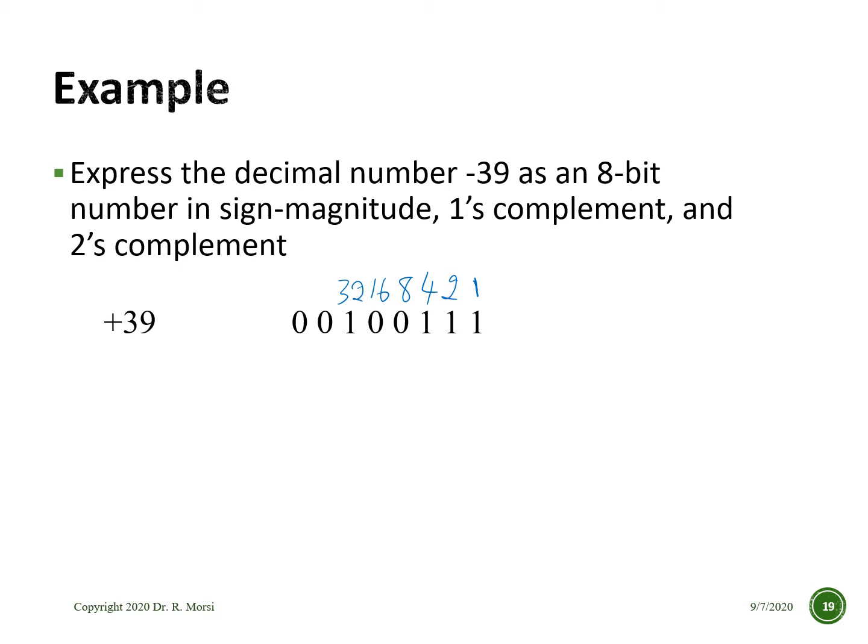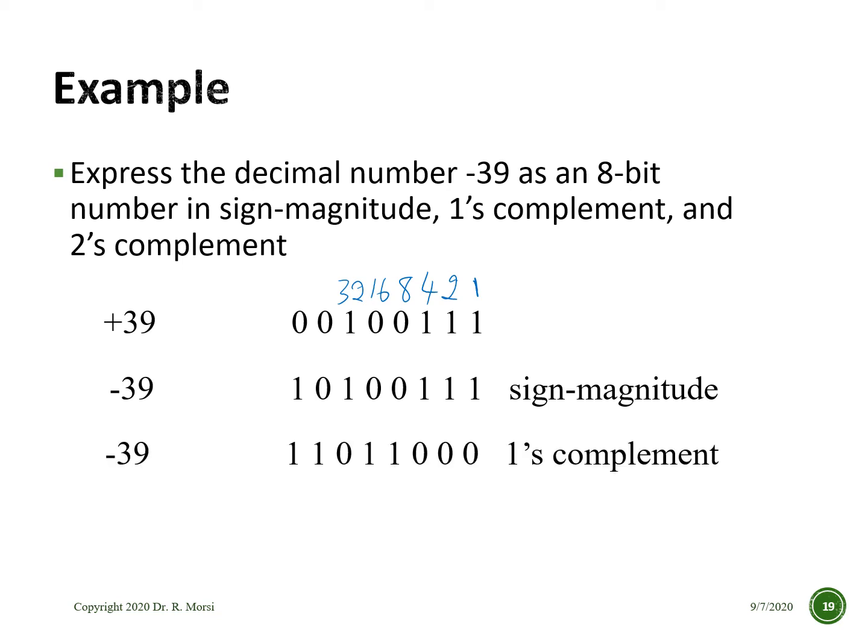Now we want it in sign magnitude. This would be the negative 39 in sign magnitude. If I want to express it in 1's complement, then I would flip everything from the 39 to be negative 39 in 1's complement. If I want to express it in 2's complement, then I would drop everything up to and including the first 1 from the least significant onwards, and then flip everything afterwards.